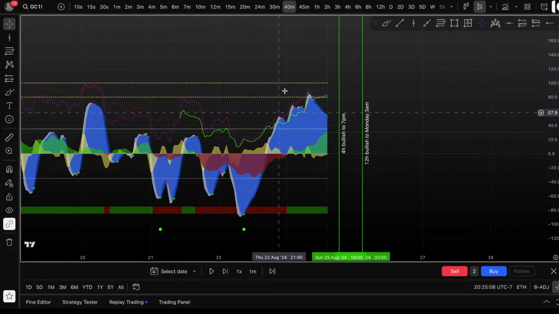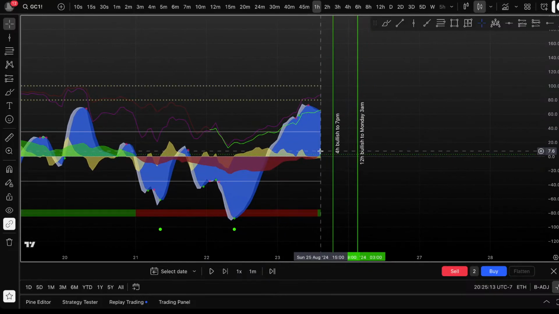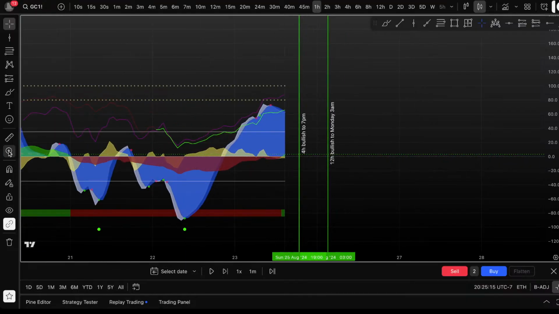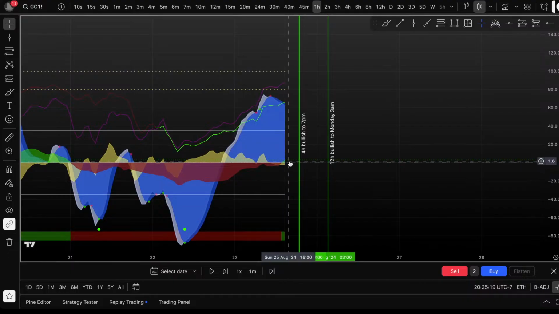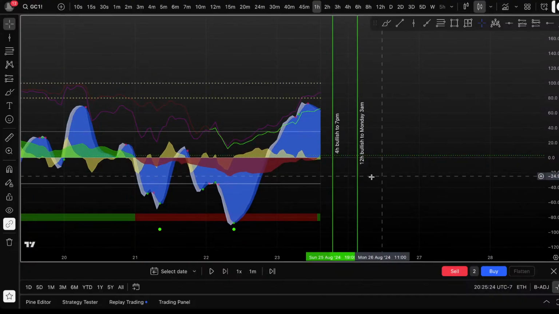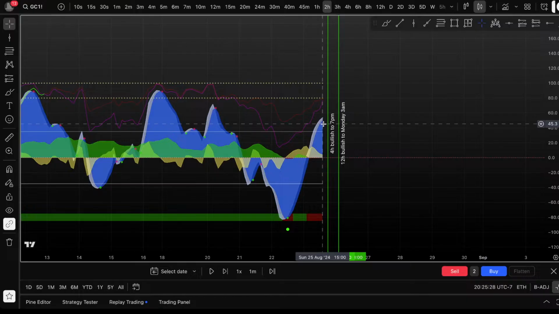So far, we're looking for a long, but we do need to see VWAP come back up here. Money flow starting to cross over. You know, and then these higher time frames are pulling up.